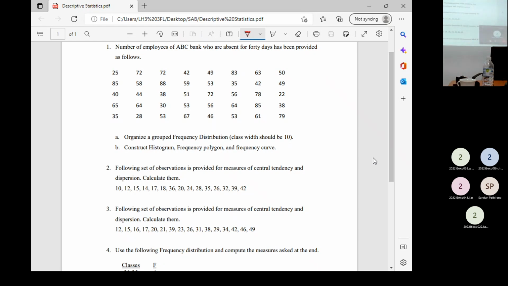Raw data should be transformed into organized data. We have to arrange in ascending order or descending order. Then they are called organized data. Transforming raw data into organized data is called data organizing.